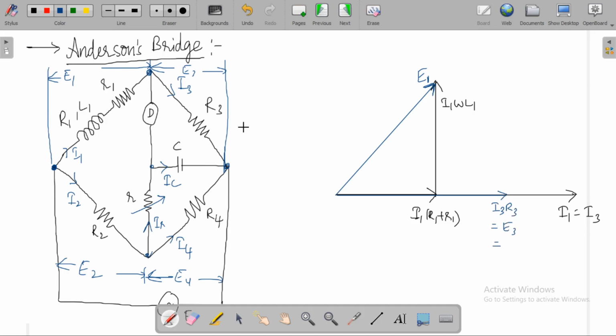Anyhow, the voltage across this is equal to the voltage across this, which is equal to IC by omega C.